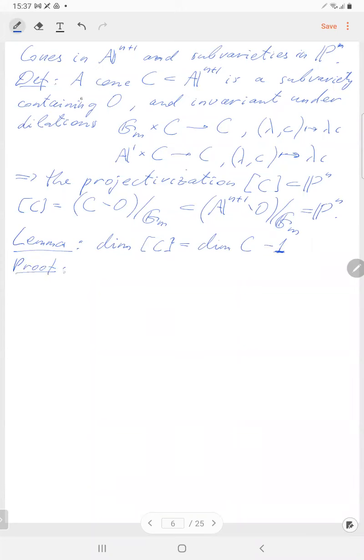So we cover the projective space by the basic open subsets, like this. And we just cover the cone C by intersections with the preimages of these subspaces.